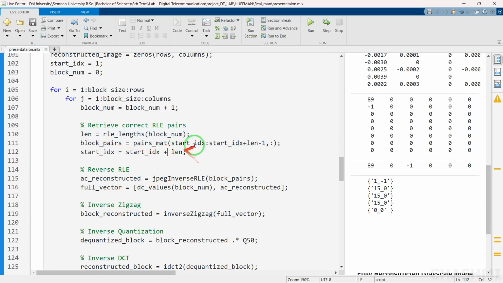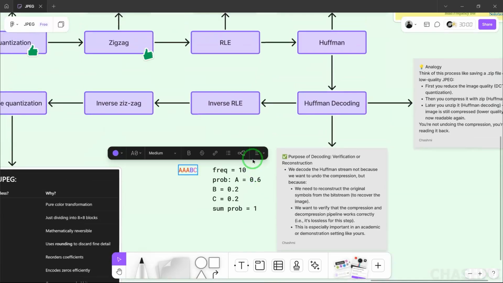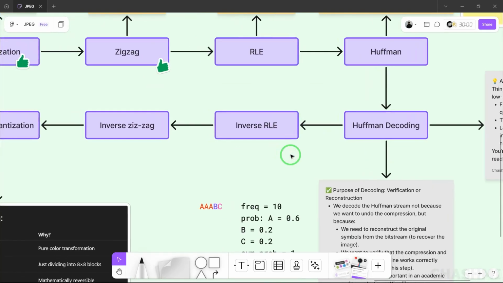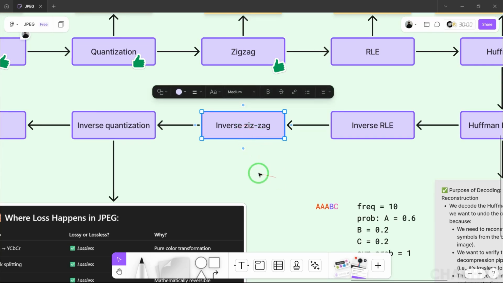Then it does the inverse RLE here. It just ungroups them, not groups. It ungroups them, then gives the ungrouped ones to the inverse zigzag. The ungrouped one is 1 by 64. We don't like 1 by 64. We want an 8 by 8 block.